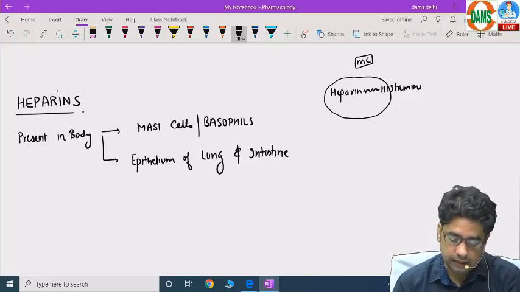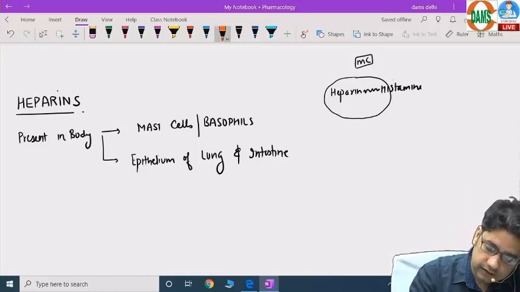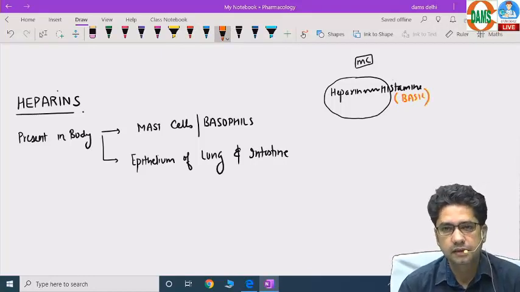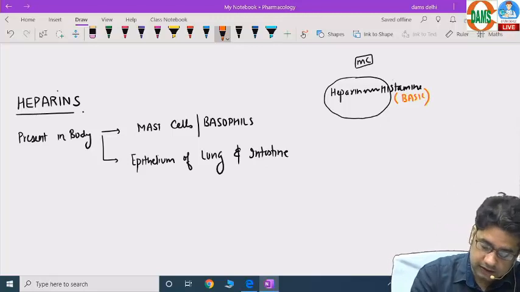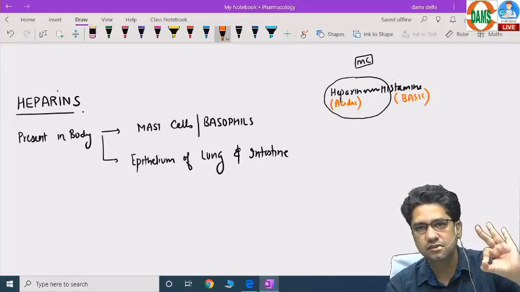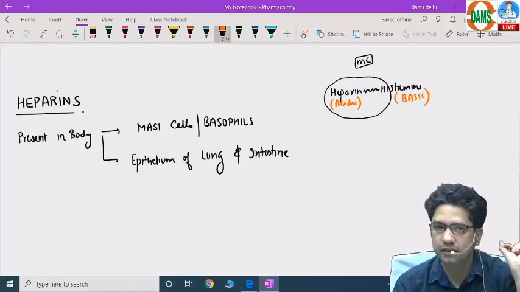Now remember one point: this histamine is a basic molecule, and this heparin is an acidic substance. So heparin is an acidic substance which attaches to a basic molecule, histamine, inside the mast cell.